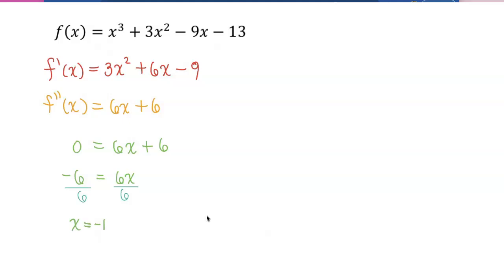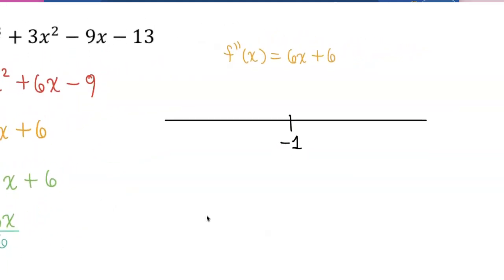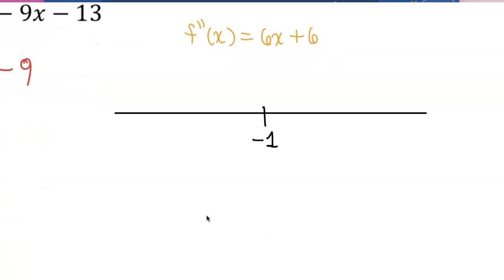So what you do now is get your number line, put that candidate in the middle, and we're going to check the sign to the left and right of this potential point of inflection, okay? So let's check the sign of the second derivative by plugging in. What's a number that is to the left of -1?